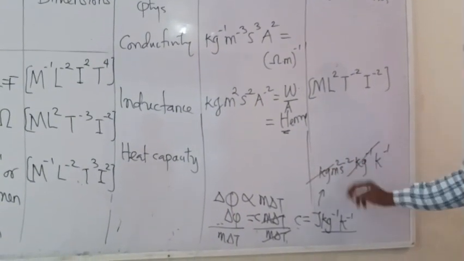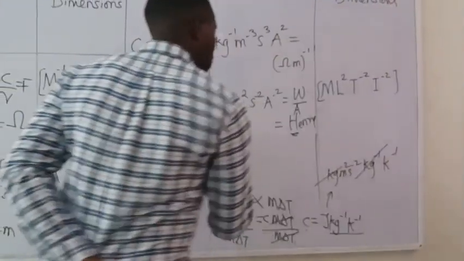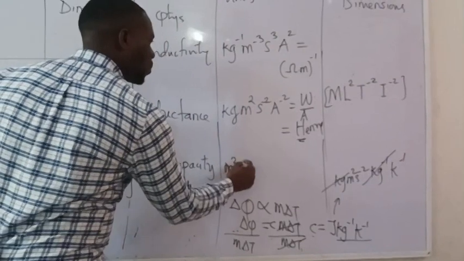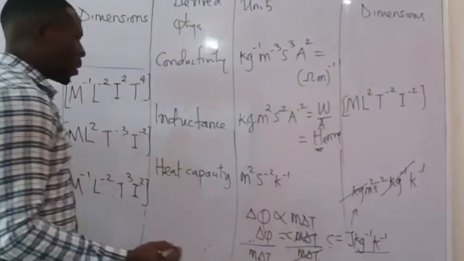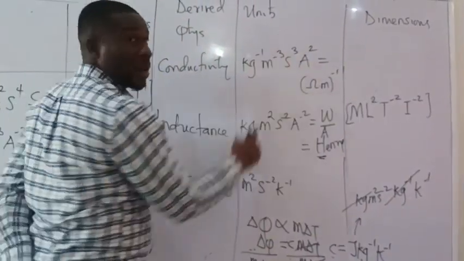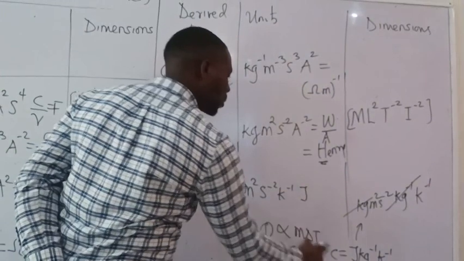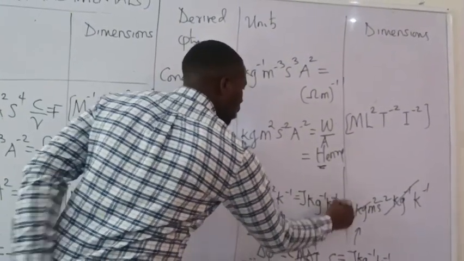Kilogram would cancel with per kilogram. So all I'm left with now would be meter raised to power 2, second raised to power minus 2, per Kelvin. Or, when expressed in terms of its derived unit, this would be joule per kilogram per Kelvin.